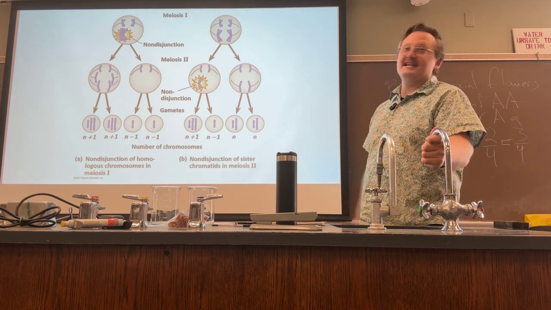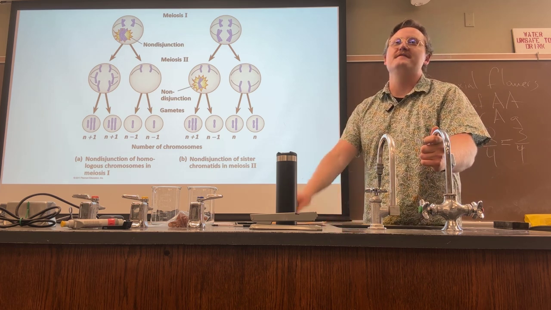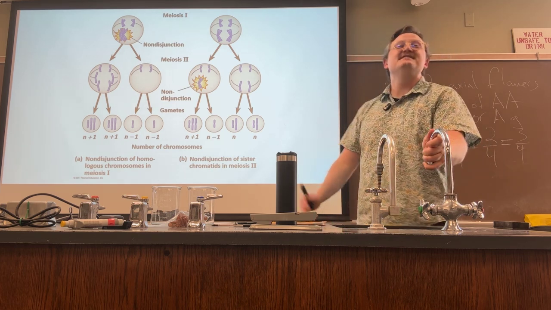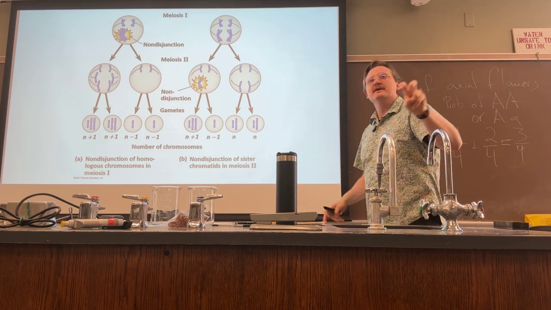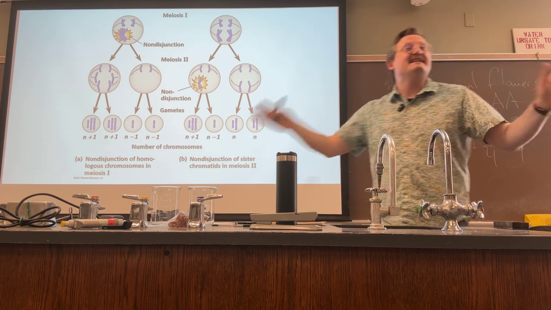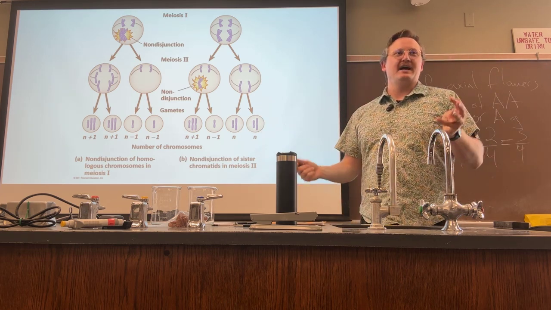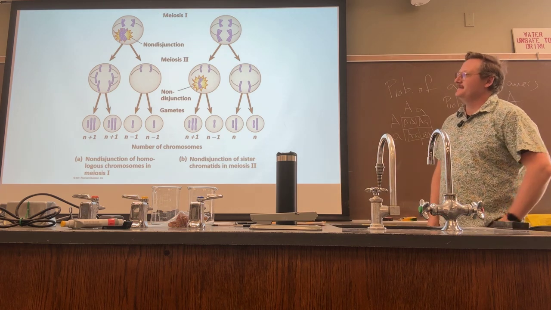Then when fertilization happens, you end up with a zygote that has one extra or one fewer chromosome. This leads to aneuploidy, or an abnormal chromosome number. It's different from polyploidy, where the entire set is replicated. Okay, aneuploidy. These are the ways that it can happen.